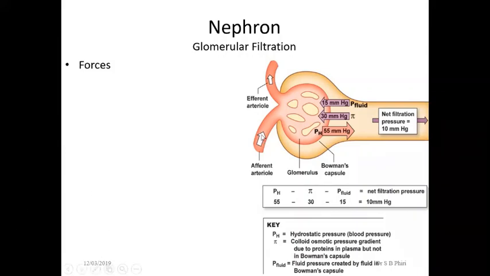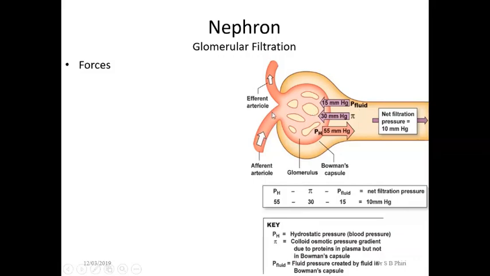Blood is brought in by the afferent arteriole. When you check, the diameter of the afferent arteriole is larger compared to the efferent arteriole. You can see that from this diagram. So the blood that is brought in is more than the blood that is leaving the glomerulus, because part of the fluids are being filtered here.